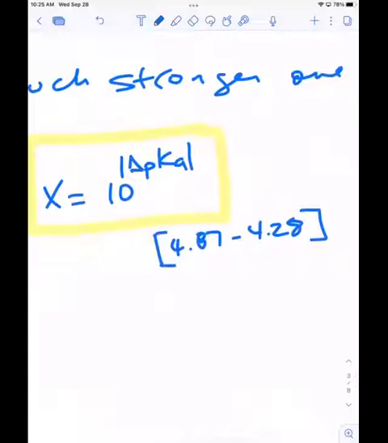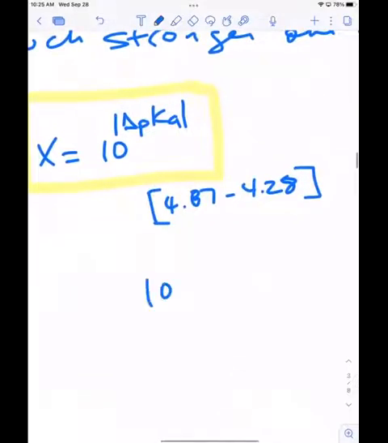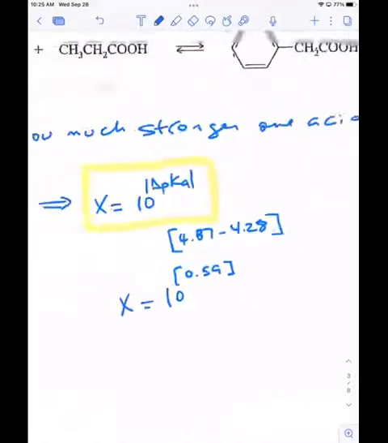What is that? 0.59. Is that right? Yes, no, maybe. Yes. All right.